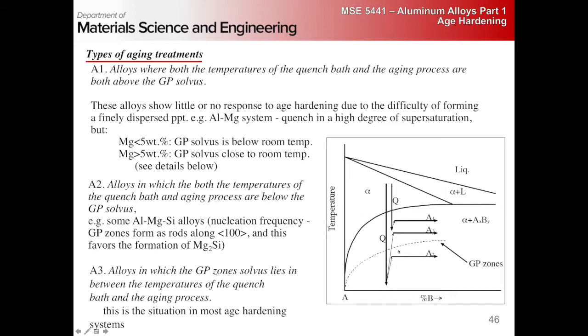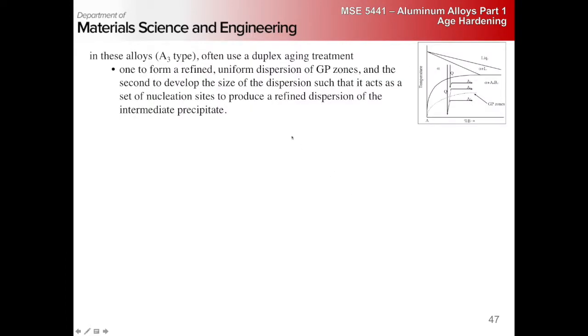And then we have a third type, where we quench below the GP zone solvus and then age above. And this is really what we do for most age hardening systems. And really what we're doing is we want to first nucleate a very, very fine dispersion of GP zones that serve as heterogeneous nucleation sites for the strengthening phase that we're actually interested in.